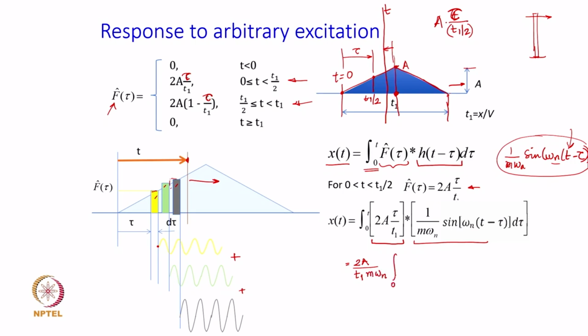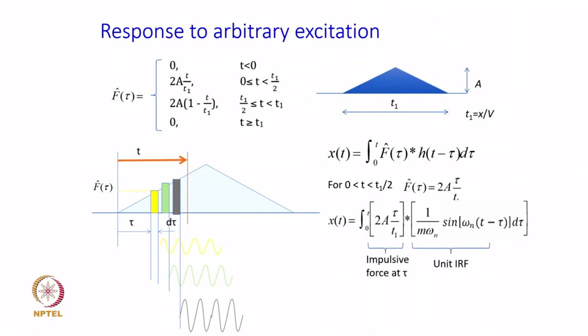So, then what you have is the integral from 0 to t of tau sine of omega n times (t minus tau) d tau, which is the total expression. You can solve this by integrating by parts, and once you do that, you get an expression which is going to look like this.